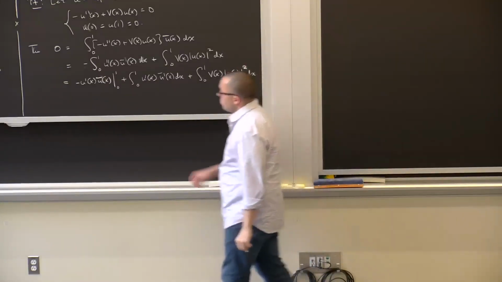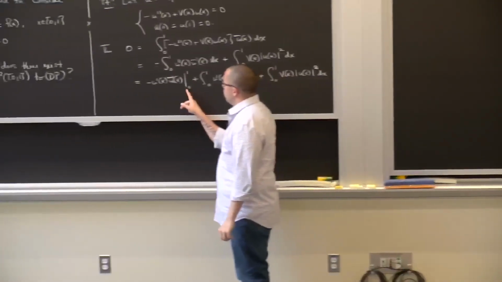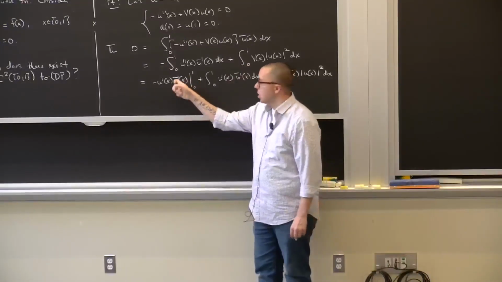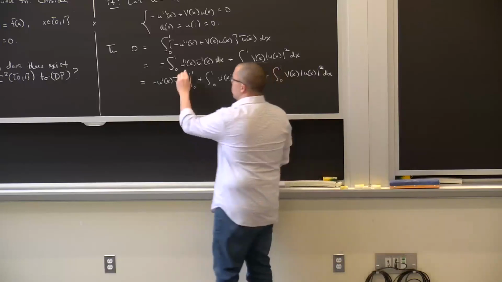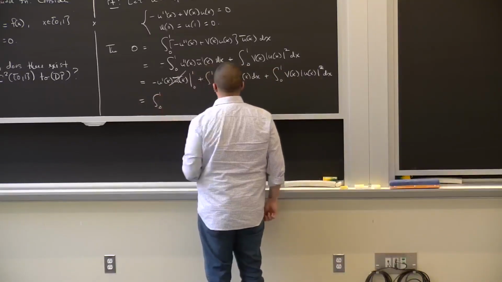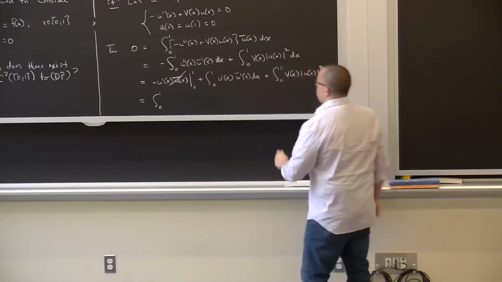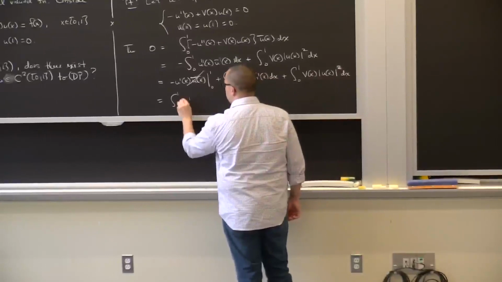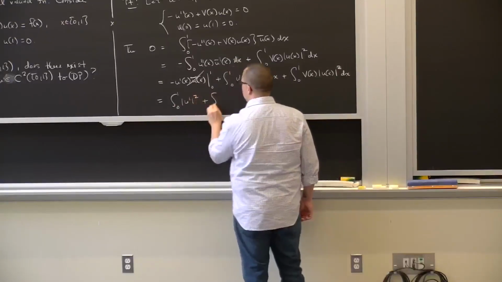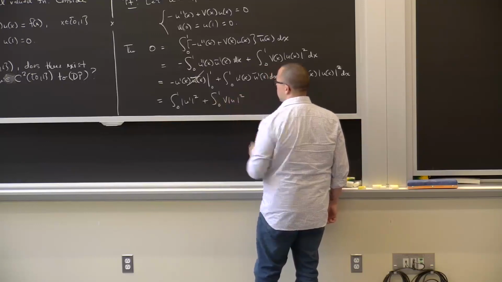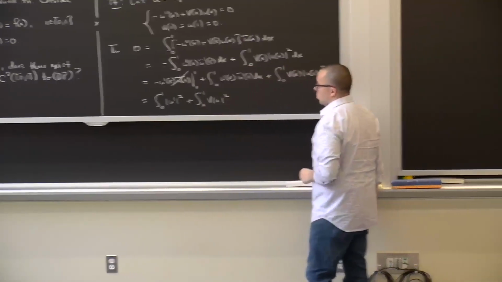Okay. Now we use the boundary conditions that at 0 and at 1, u of x is 0, so its complex conjugate is 0, so these terms go away. What I'm left with is the integral from 0 to 1, and I'm not going to keep writing the x part, of |u prime| squared plus the integral from 0 to 1 of v times the magnitude of u squared.